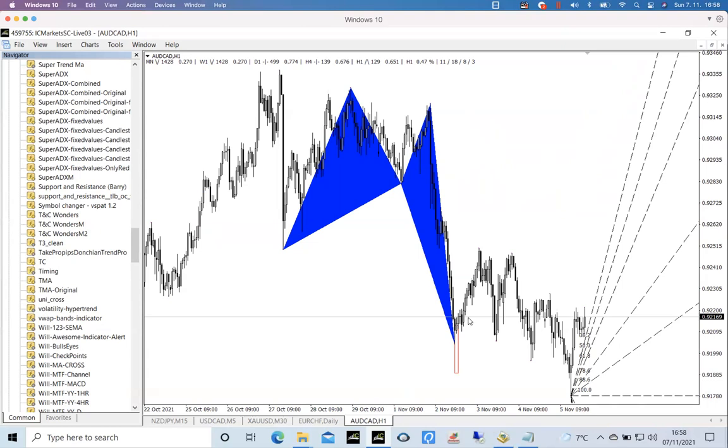The harmonics give you something called a PRZ, which is a potential reversal zone, which is this red box you see here. Okay, and it will tell you how it will reverse. Now, what I did with this EA, I based the targets and the stop loss on the average daily true range.